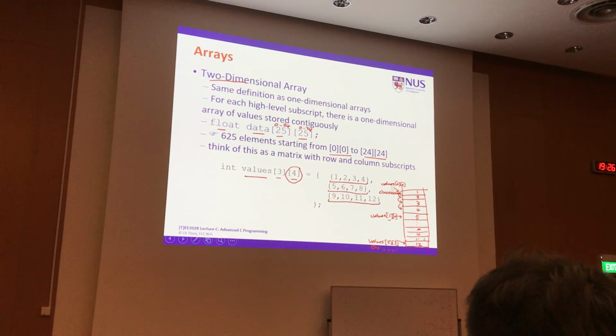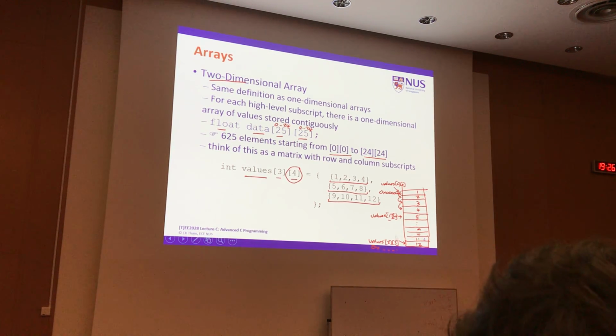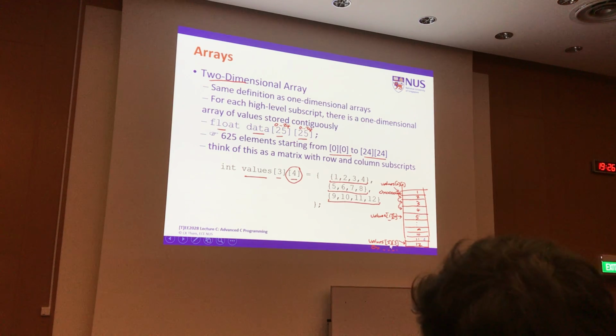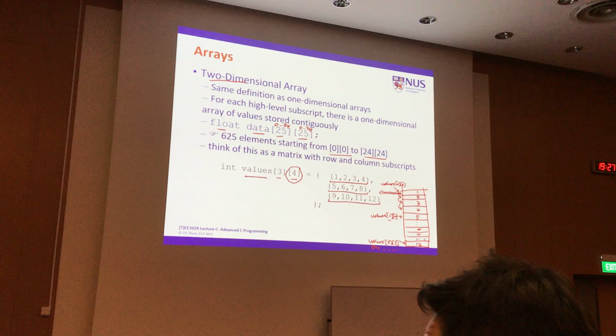Then when I say values 1, 0, it is going to refer to this. If I say values 2, 0, it's referred to this. And if I say values 2, 3, remember it starts from 0, 0. And then the third value is actually subscript 2. The fourth value is subscript 3. So 2, 3 is the last one. 2, 0 would be this 9, right? So just remember how a two-dimensional array is stored.